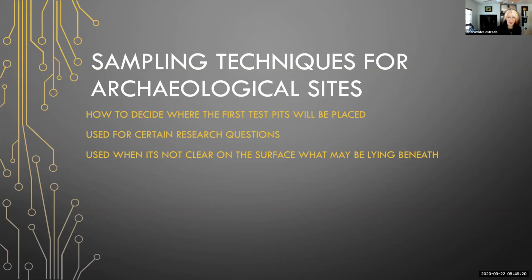So it's something that usually happens in the beginning, or if you've discovered data indicating that the extent is far bigger than you thought it might have been at the beginning. And that can happen too. So the basic idea here is for when it's not really clear on the surface what is beneath: what the extent of it is, where the edges of it are, or what the internal components would be.